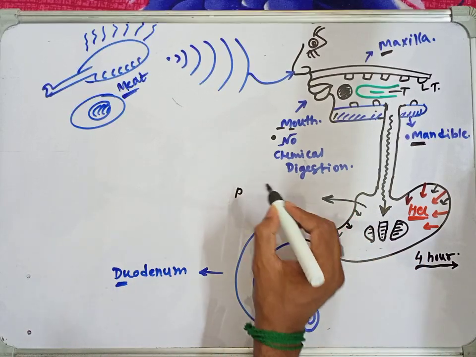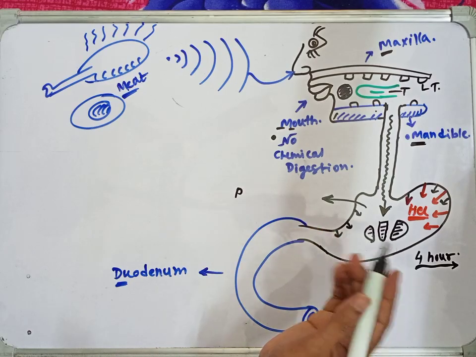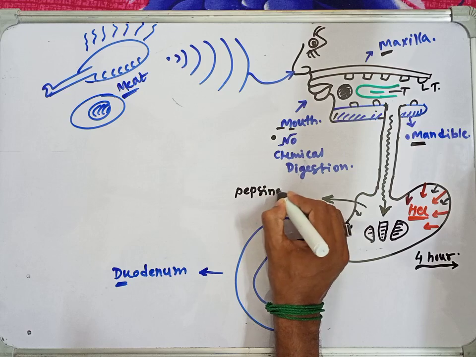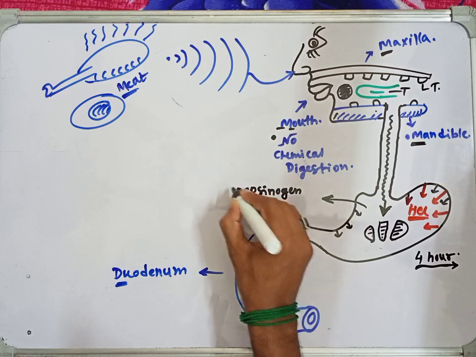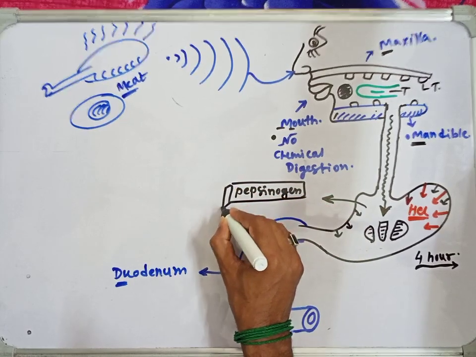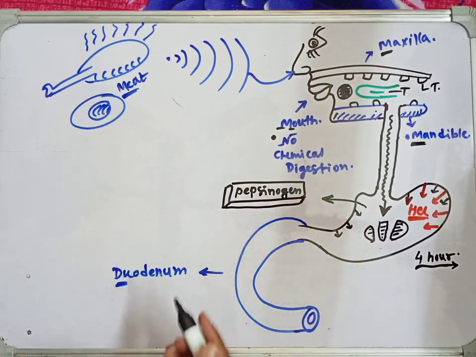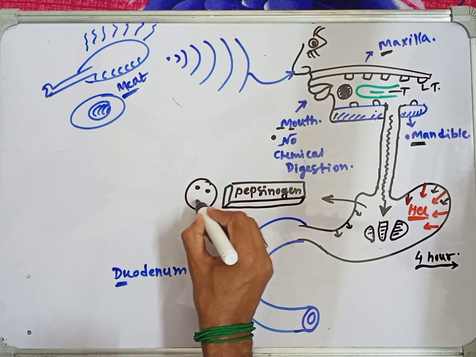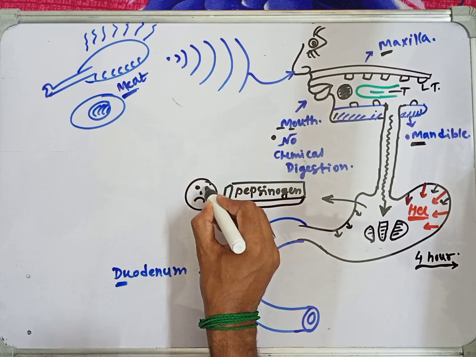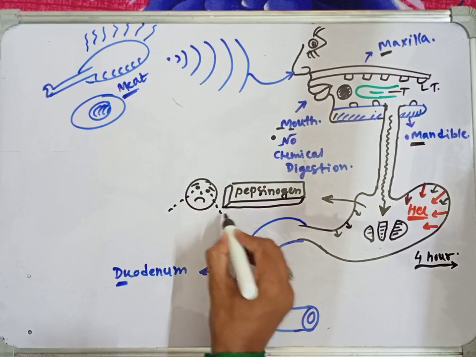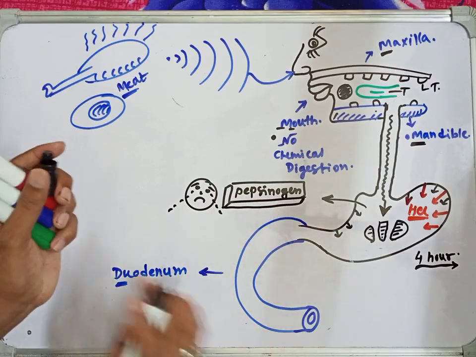What is the enzyme for digestion of protein? It is pepsinogen. And this pepsinogen is not a functional enzyme. Pepsinogen is an inactive enzyme, right?